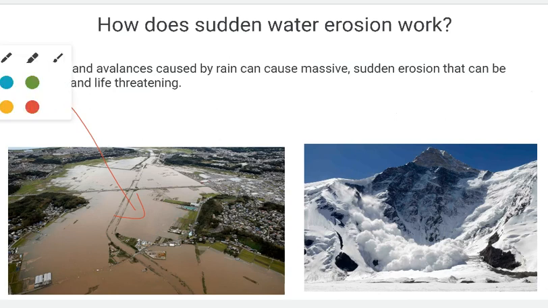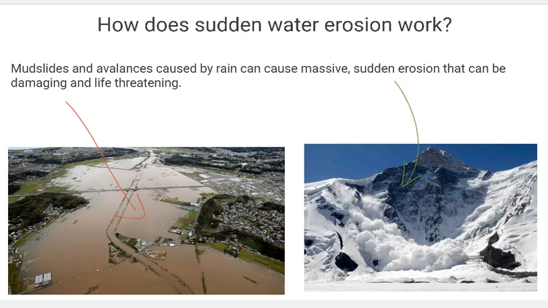So avalanches, we see this picture on the right, is another form of sudden water erosion. And this is similar to mudslides, just in a colder environment.